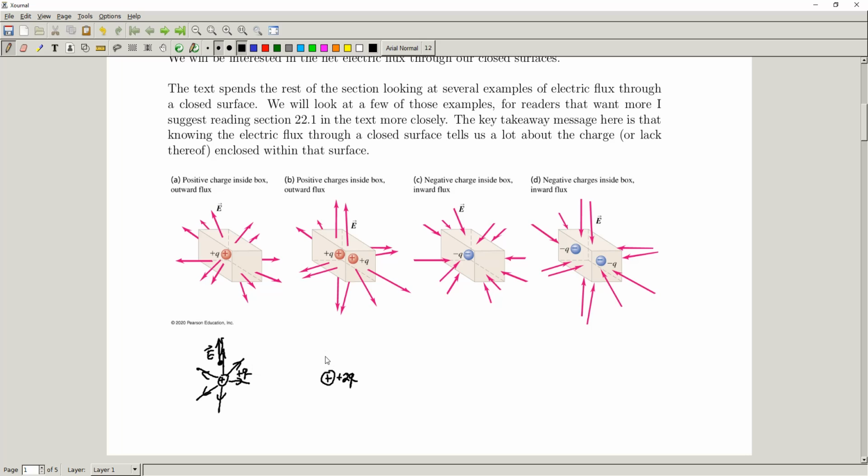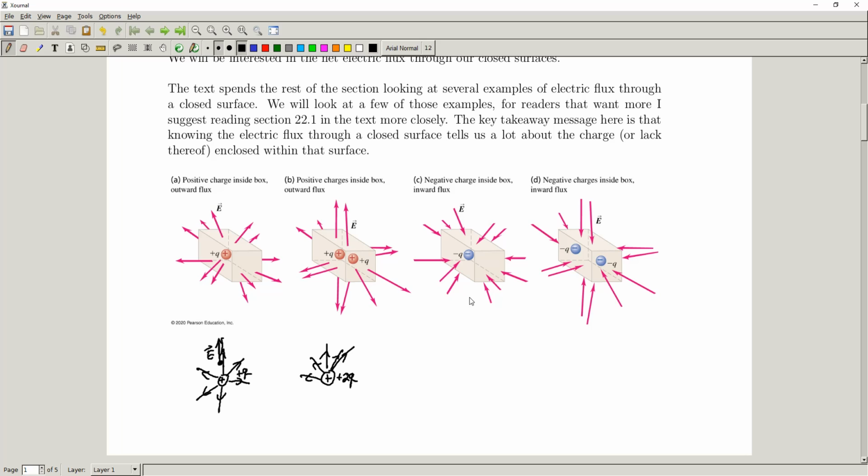How would we signify that with electric field lines? Well, we would just draw more lines, right? There'd be more lines emerging from here. And it's the same idea for our electric flux. If we double the charge in the box, we double the amount of flux going through the surface, right? We double the amount of lines protruding through the surface.